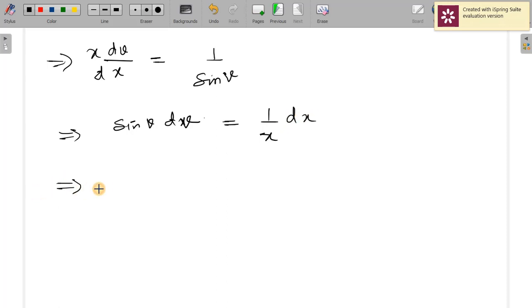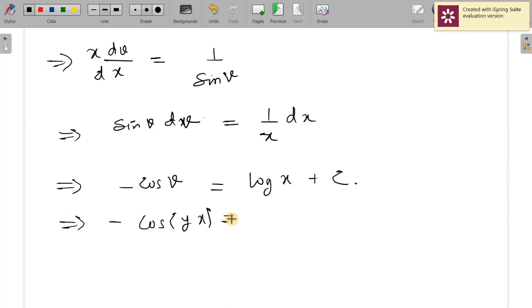Integrating, you see that the integral of sine is minus cos of v, right, derivative of cos is minus sine, so integral of sine v is minus cos of v, equals log of x plus constant, substitute v is equal to y by x, right, and so you have this as the solution.